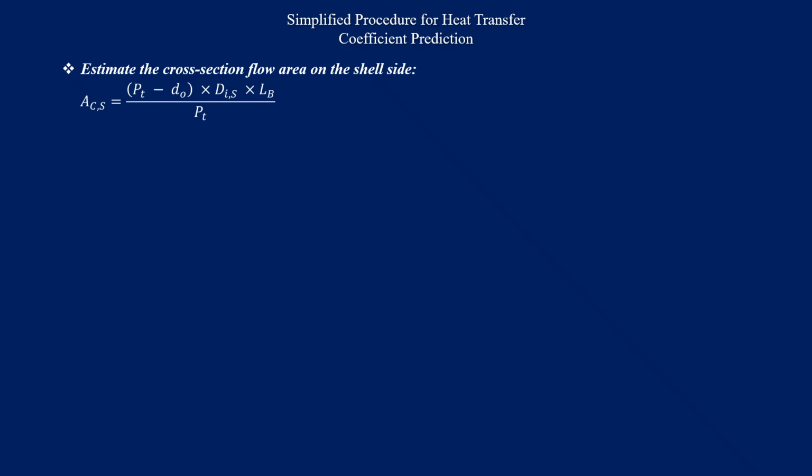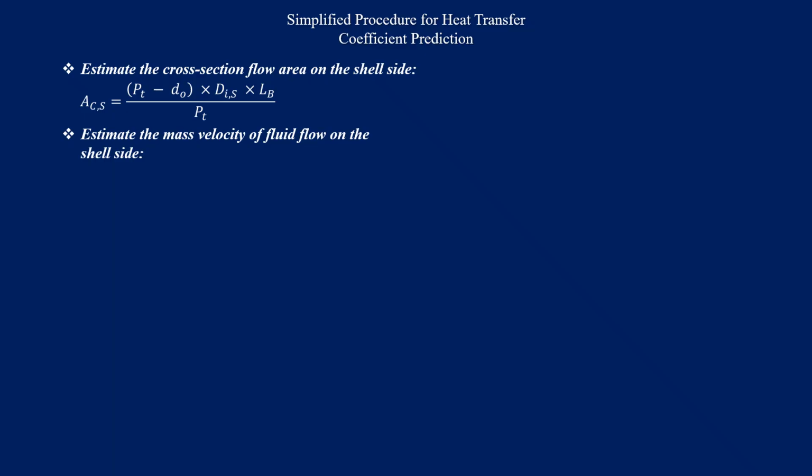We have P sub P, which represents the tube pitch, and D sub I shell means the inside diameter of the shell. L sub B refers to the distance between baffles, and D naught refers to the outside diameter of the tube.